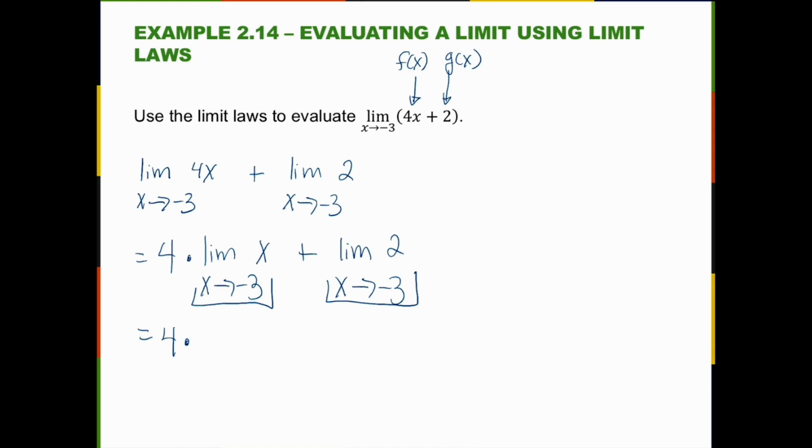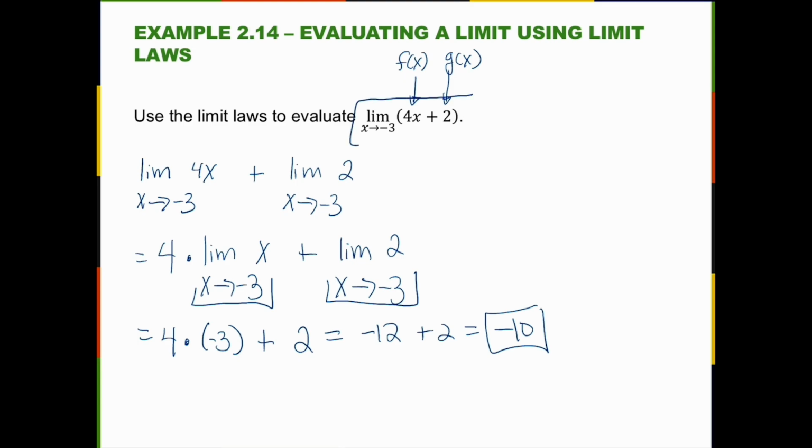I have 4 times, now I know that the limit of x as x approaches negative 3 is just negative 3. And the 2, that's a constant function. So no matter what value of x I'm approaching, I know my limit is going to be 2. So now I just have to work out this arithmetic, and I get negative 12 plus 2, and that gives me a negative 10.